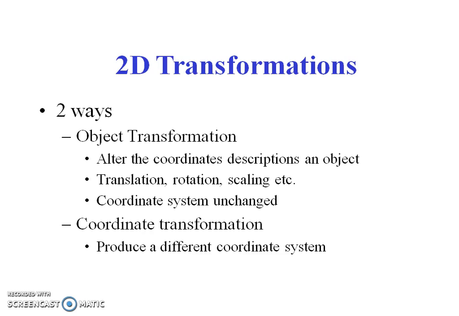The coordinate system will be as usual, like in the initial state. And the second way is coordinate transformations, which will produce a different coordinate system. That means the initial coordinate system will be changed or modified to another coordinate system.